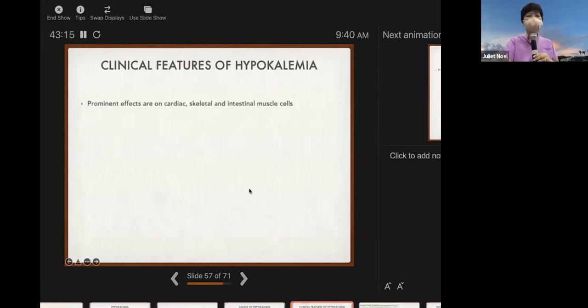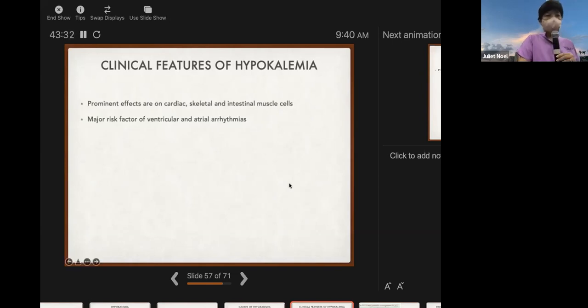Clinical features: the prominent effect is always on the cardiac and skeletal muscles. So there's muscle weakness. Patients with hypokalemia usually come in because they cannot move, especially the proximal muscles. It can cause arrhythmia, especially in patients who are on digoxin, with increased toxicity of digoxin.